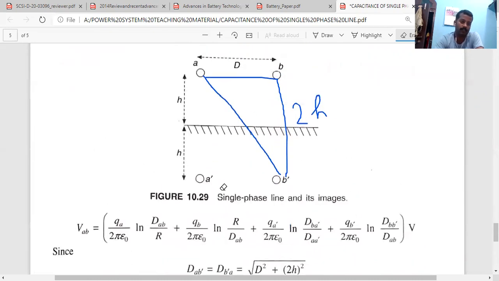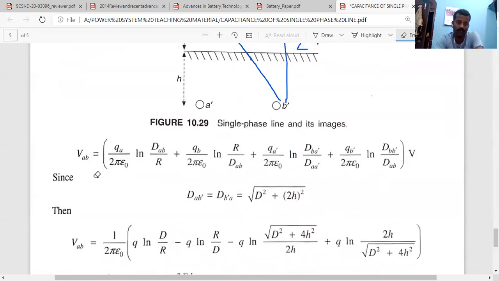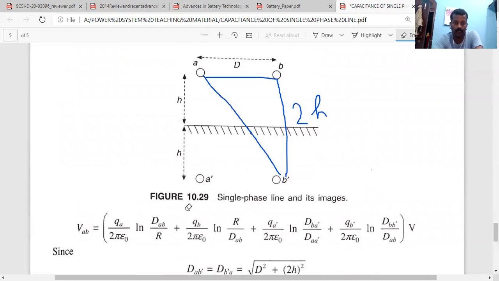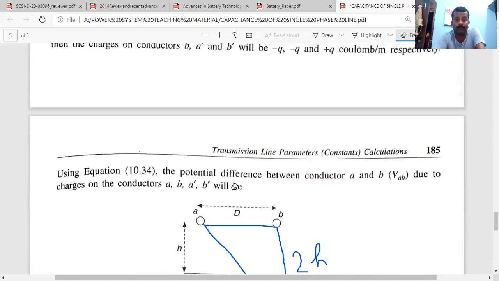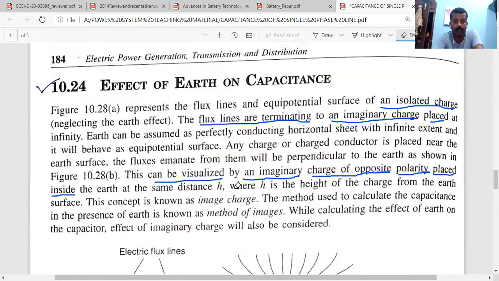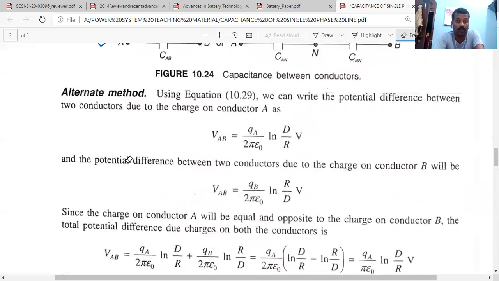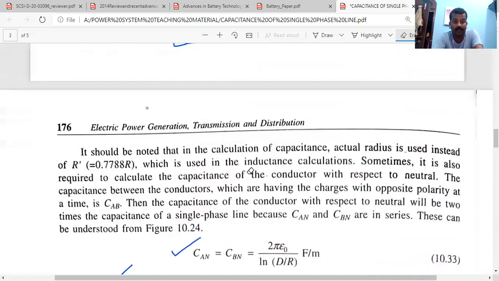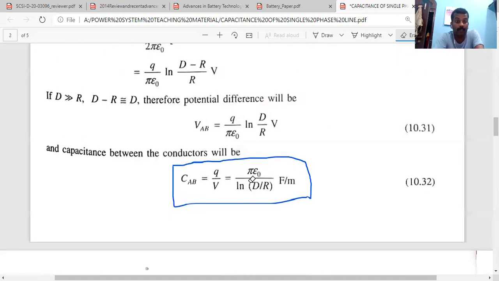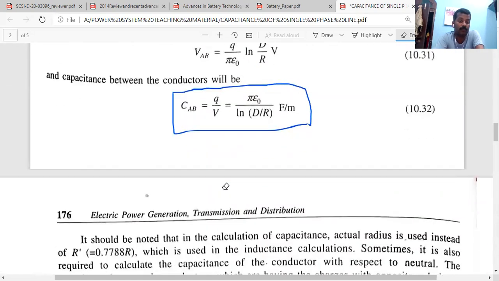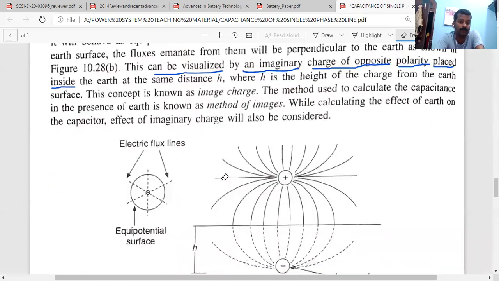Now, using the above concept, the voltage difference between A and B will be simply total charge divided by total voltage. Sorry, we have seen that capacitance was the total charge divided by total voltage, right?